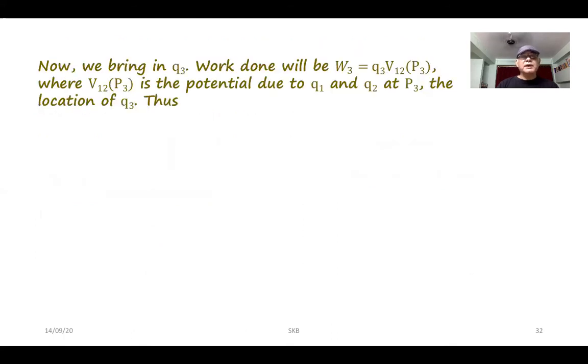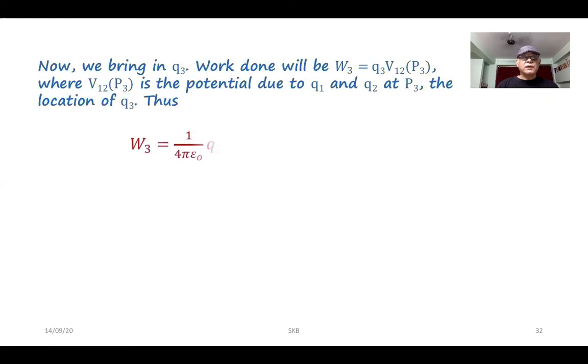Now we bring in q3. Work done will be W3 equal to q3 into V12 at P3, where V12 at P3 is the potential due to q1 and q2 at P3, the location of q3.